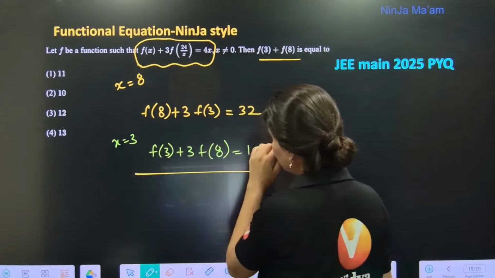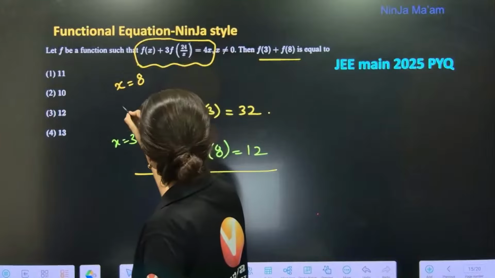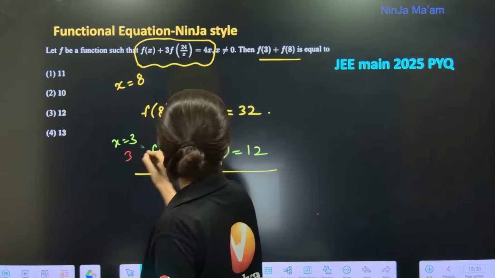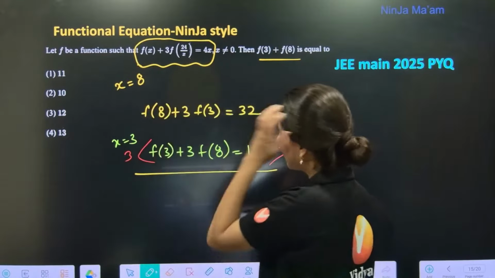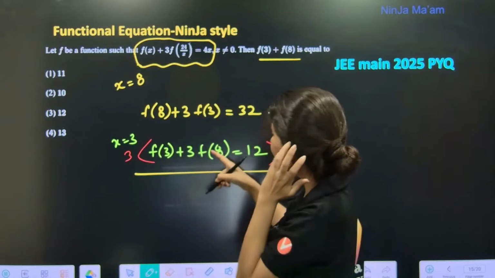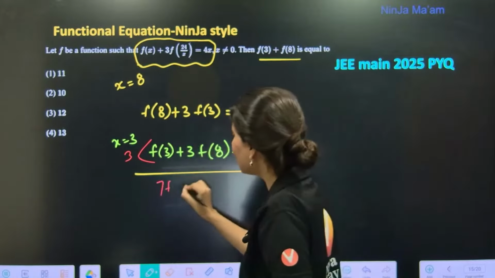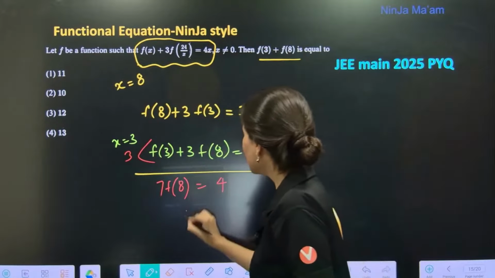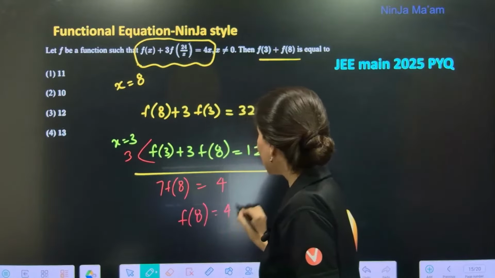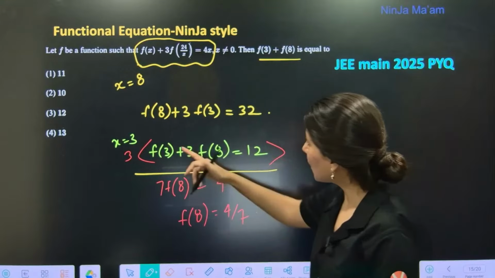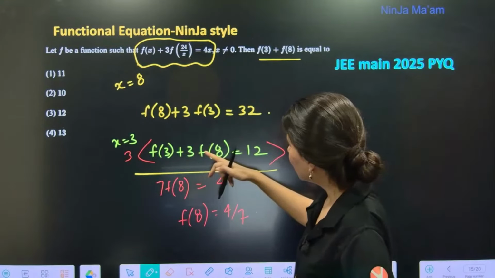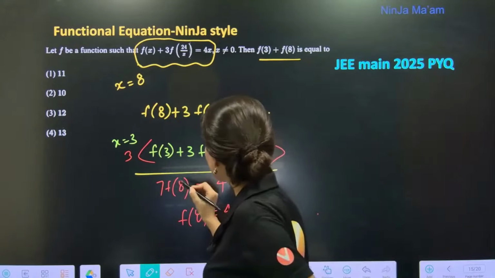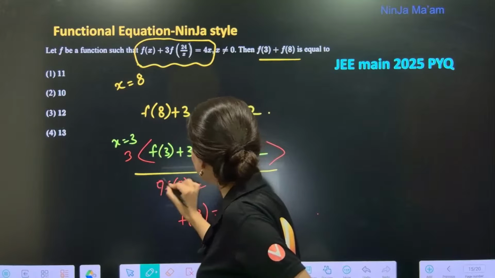What will you do? Just multiply the second equation with 3. Now subtract. So it is going to give you 3 3s are 9, minus 1, 8 f of 8, and 36 minus 32 is 4. Sorry, this is not 7.